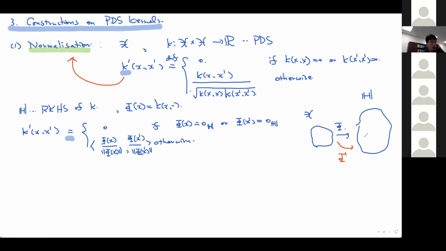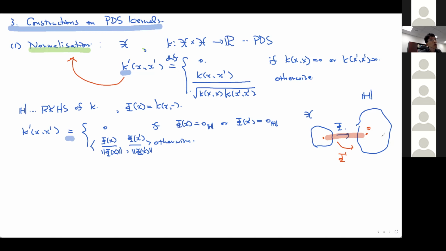What phi prime does is this: if some input gets mapped to 0 by the original feature map, then we don't change it in phi prime.